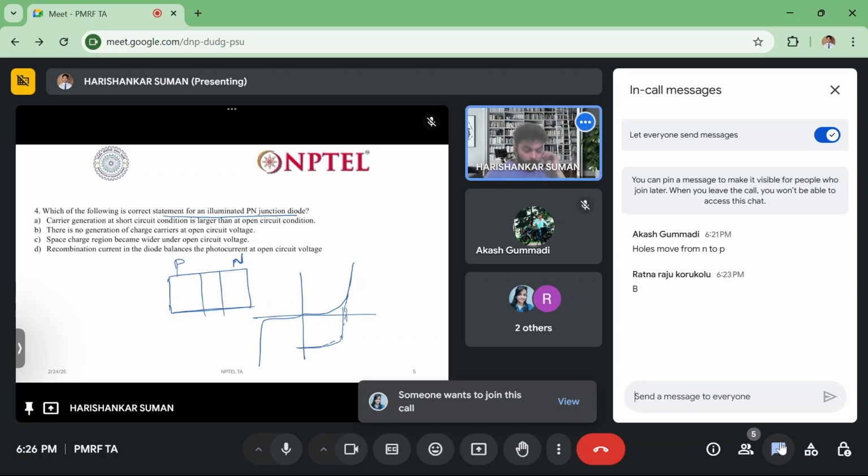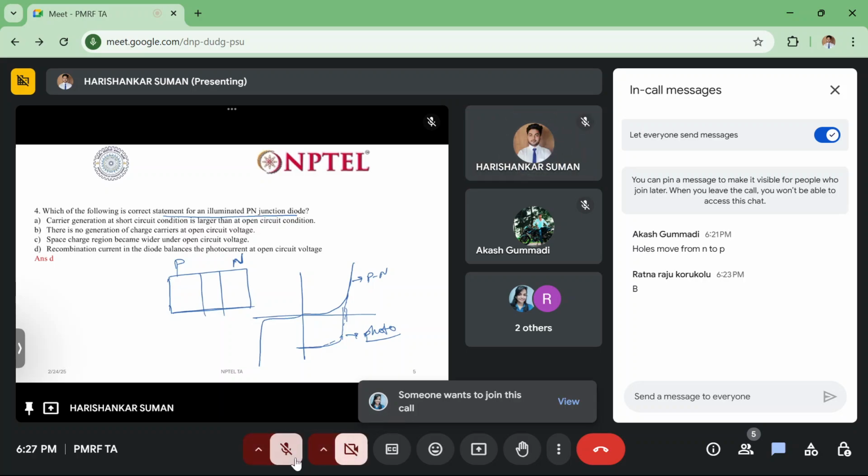One minute. So this is due to the photo. So recombination current, answer is D. Please check your answer. Give me 1 minute. I will be there.